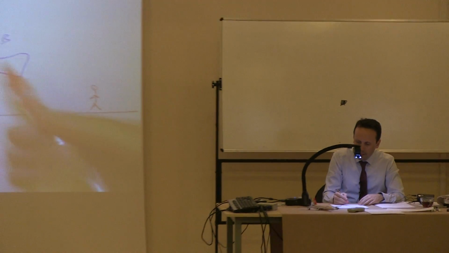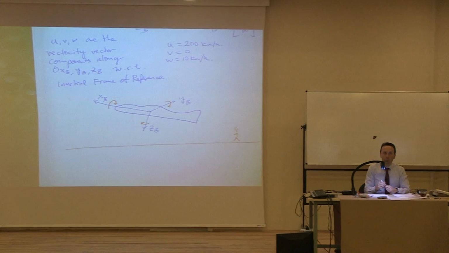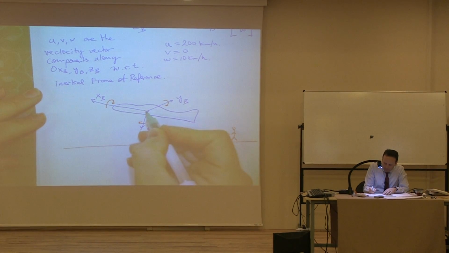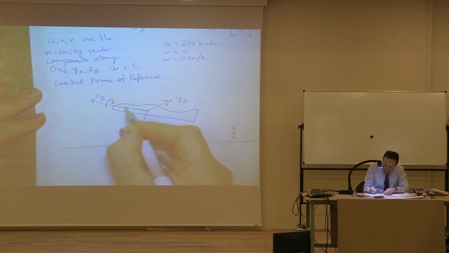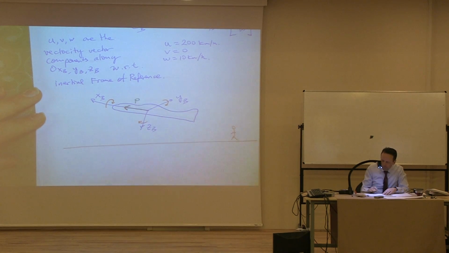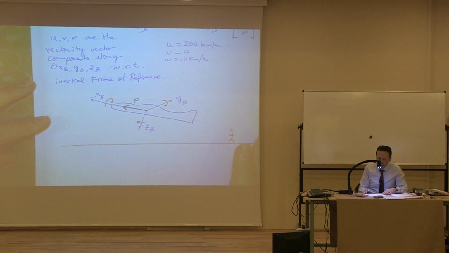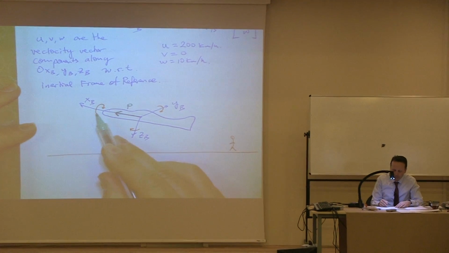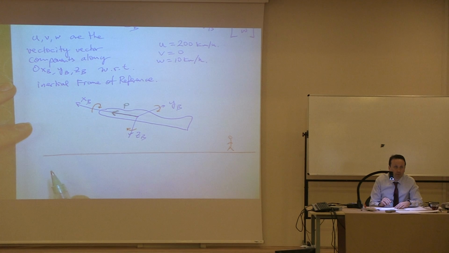Good. So, if this is a rotation around x body, y body, and z body, how do I show this in vector notation? A rotation like this can be shown with a vector like that. This is a rotational vector. This vector we call P. And P denotes the rotational vector, so it's a rotation around x body, and I show it as a vector.